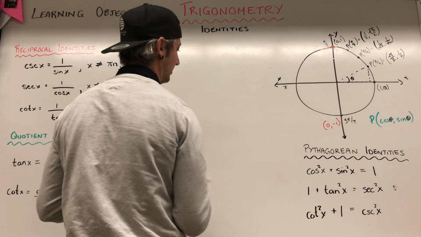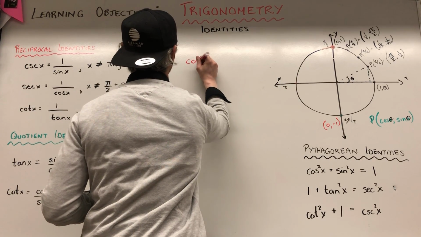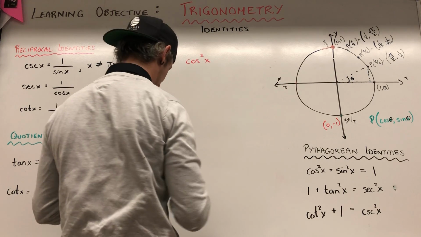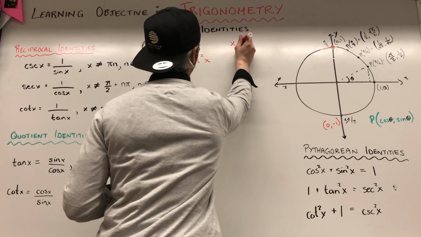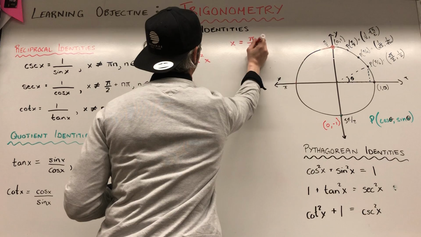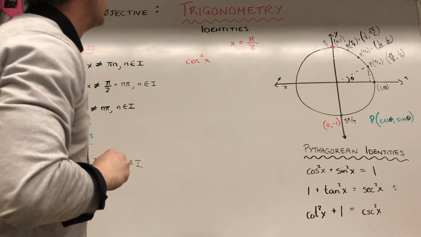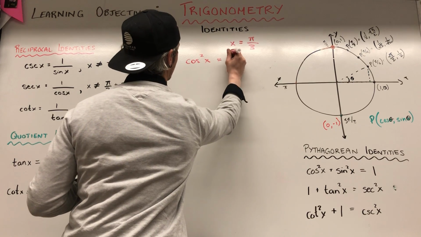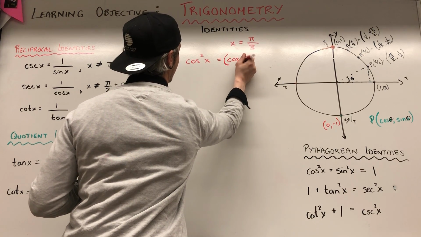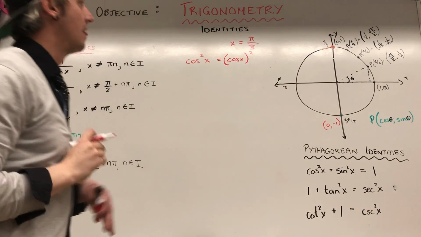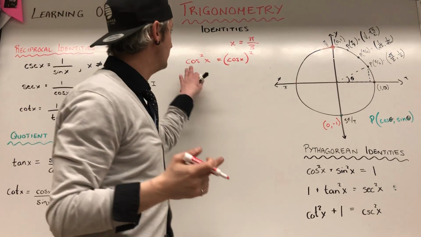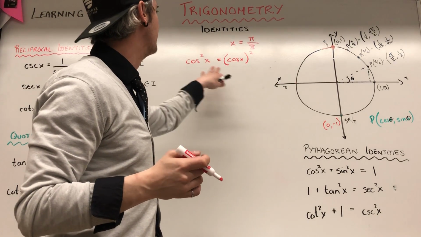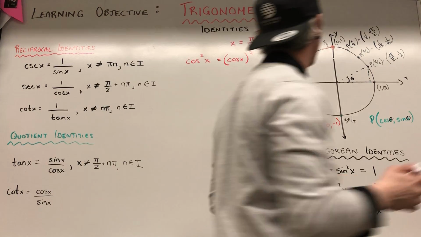How do I evaluate cos squared of x, say if x is equal to pi over 3? All you do is rewrite this as cos of x, squared. That's how you deal with it. So what is cos of pi over 3?